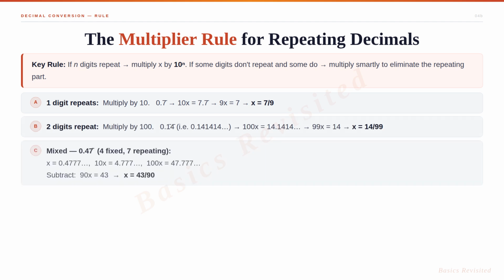Case C: mixed decimal, 0.47 with 7 repeating. Set x equals 0.4777, then 10x equals 4.777 and 100x equals 47.777, subtracting, 90x equals 43. Answer: 43 over 90.